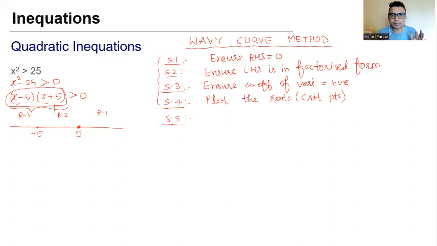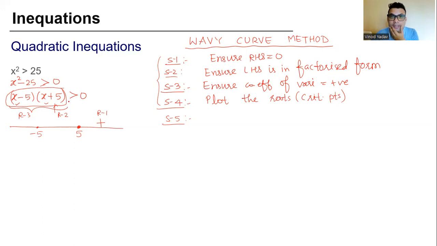A number bigger than 5, minus 5, will ultimately be positive. So both brackets give a positive answer. The product of two positive quantities is positive. So I am writing a plus sign on this region. In this interval, all the answers of that function, that y, will be positive.